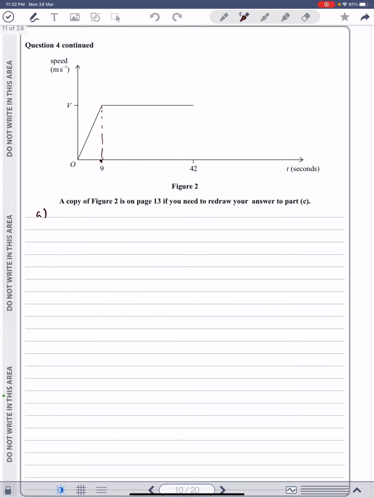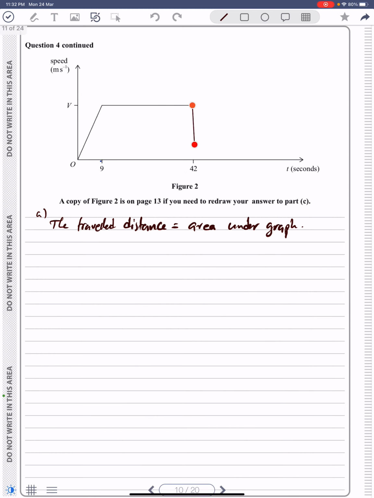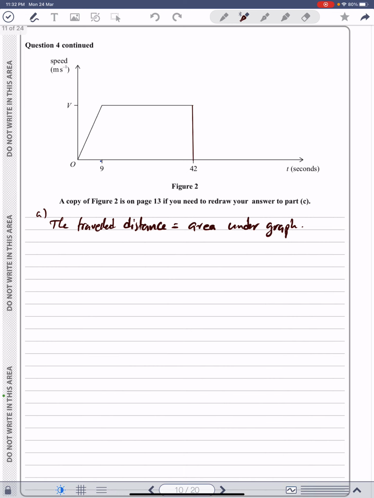So we know for part A, dear students, that the travelled distance is the area under the graph. Of course, we can do it many ways, but the fastest and the easiest is to treat this as a trapezium with two bases. This base is 42 and this is 9 here, so this is 42 minus 9, which is 33.